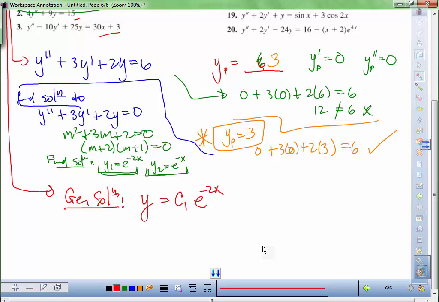Plus c2 e to the -x. Now, if this was a homogeneous differential equation, you'd be done. But we have to add the 3. Where did 3 come from? The 3 is that y particular that we found.